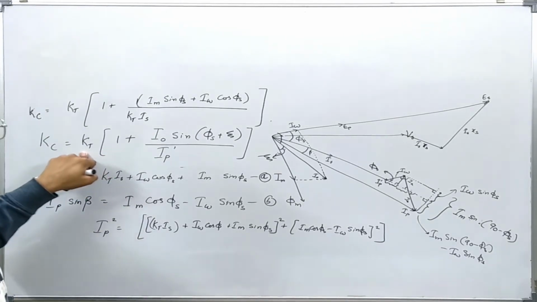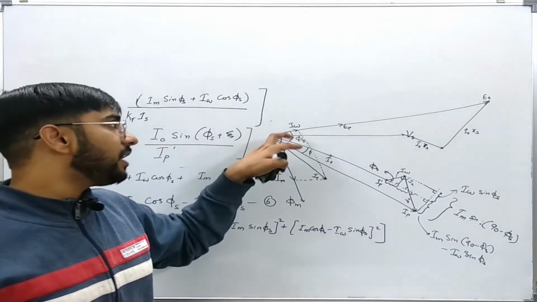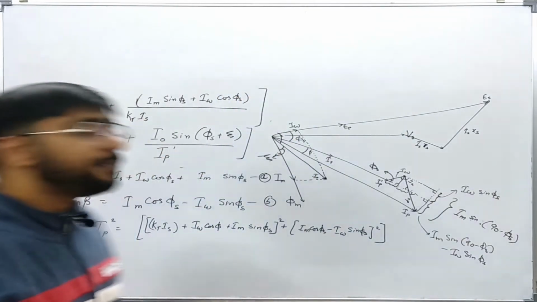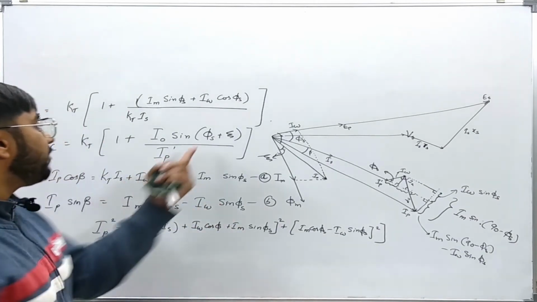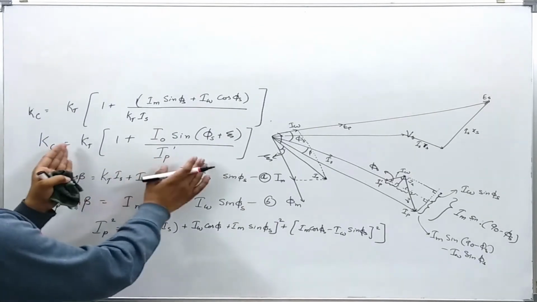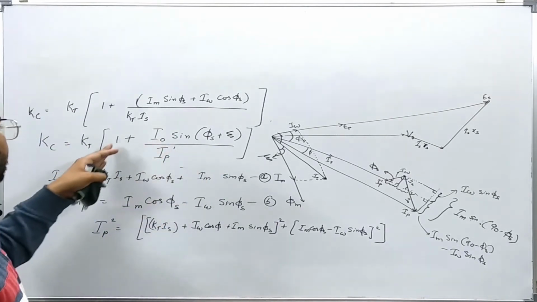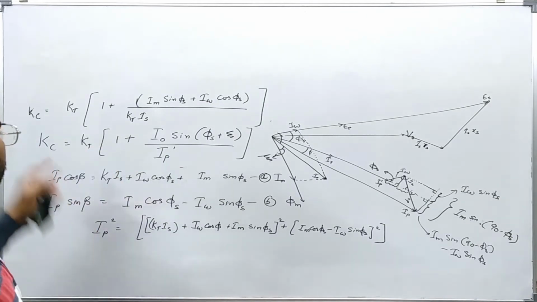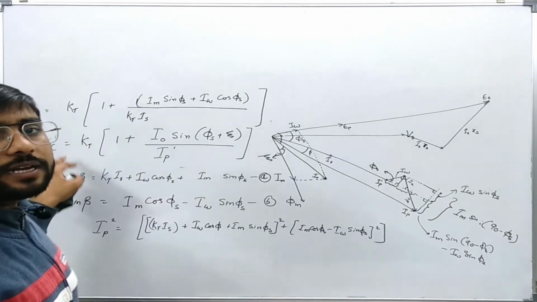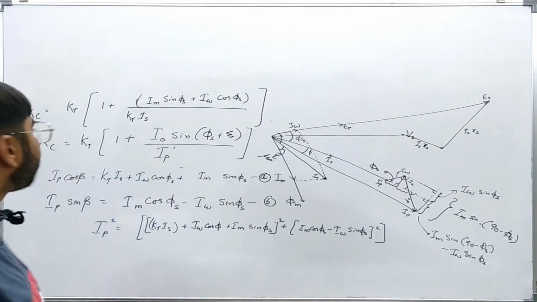You can see that whenever this phi_s, what is this phi_s? Phi_s is the impedance angle of the secondary side. Whenever it is lagging, then this full term is going to be positive and greater than 1. So you can see that K_c will be greater than K_t whenever this load is lagging.